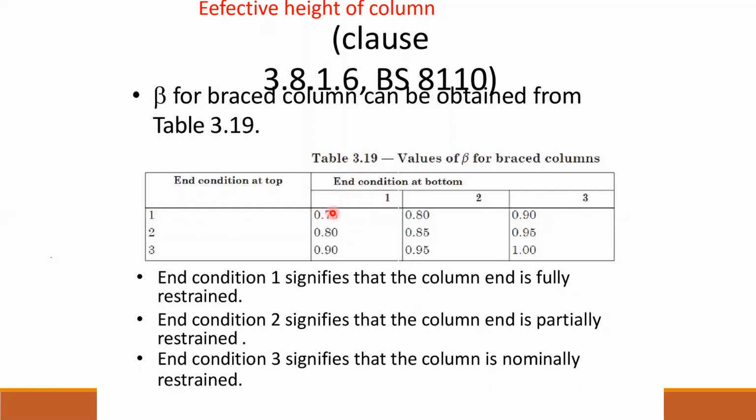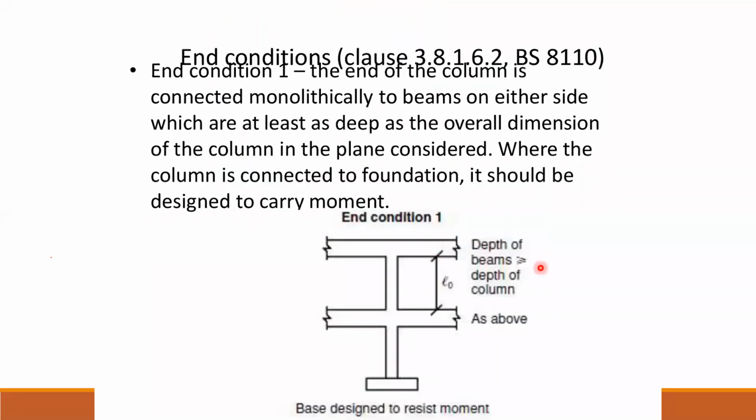Once you take the clear height, this L naught is the clear height from the top of the beam to the bottom of the beam at the slab. Based on this, you may be able to find out the effective height of the column. I hope everyone understands up to now.